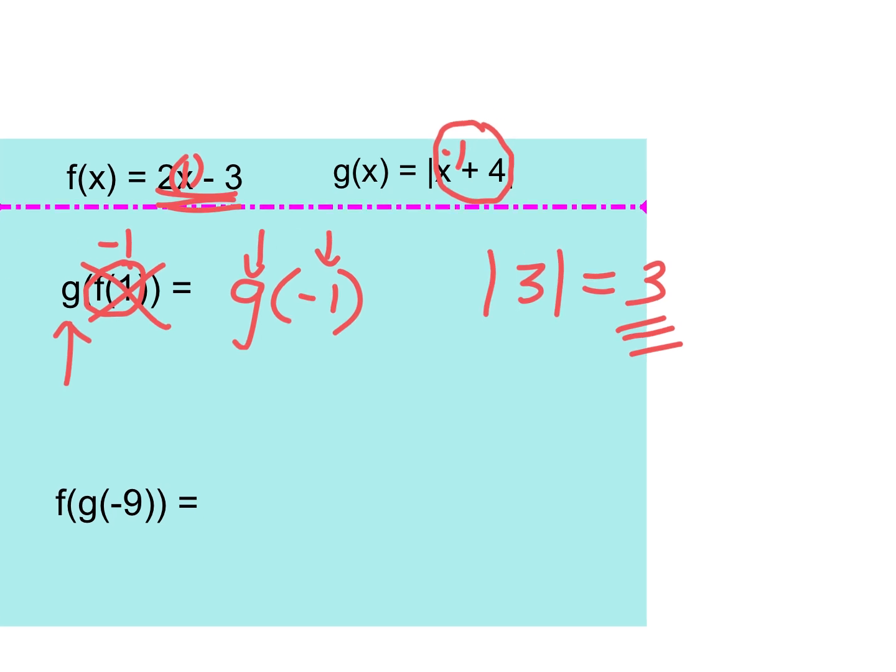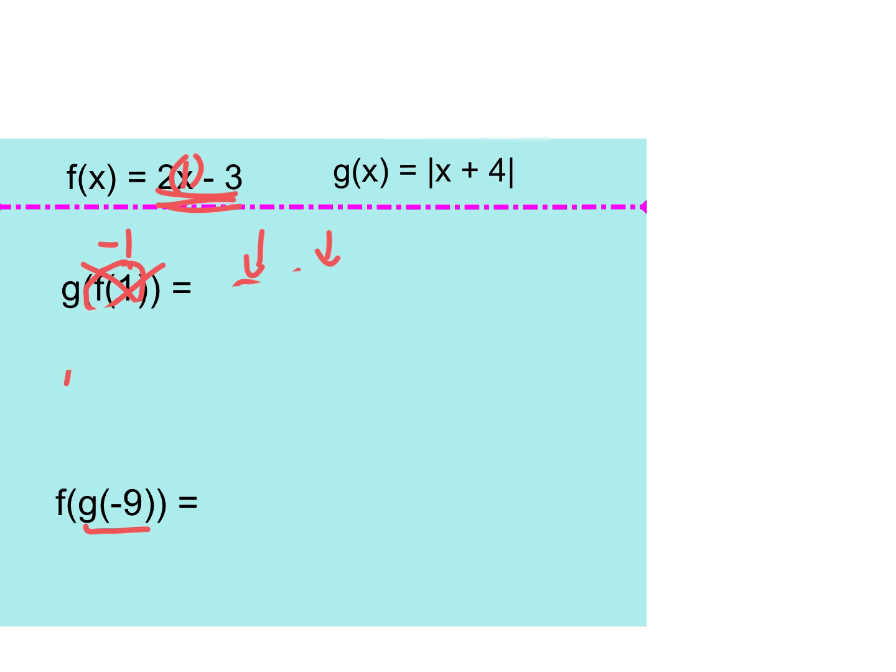Would you please do this one? Starting with g of -9, ending with f of something. First figure out g of -9. What you should be doing right now is writing a -9 in and putting it in the g.